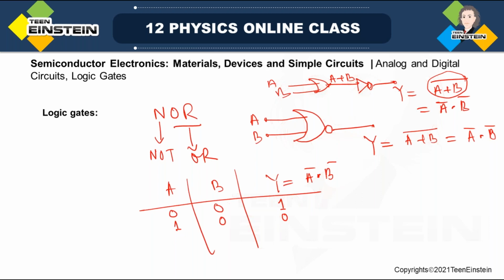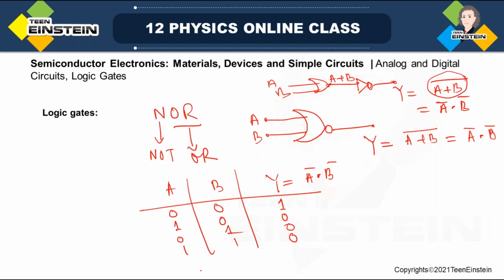You can just cross check from here, because this 1 bar will give you 0, right? Now if you have 0 1, then also you'll get 0, and if both are 1, then also you get 0. So you can see in the NOR gate, you'll get output only when both the input switches are off or at low level. Okay, then only you'll get output.